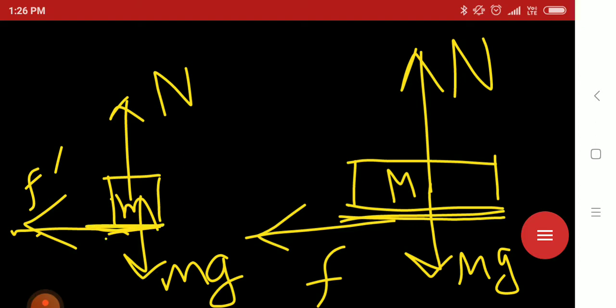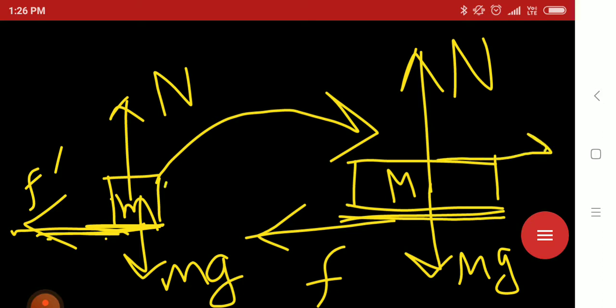But before I draw this, this frictional force F prime is acting backward on the small m, but it will act forward on the capital M. When you place a big box and above that big box you place a small box, the friction force due to the contact between capital M and small m will act backward on the small box, but forward on the big box.